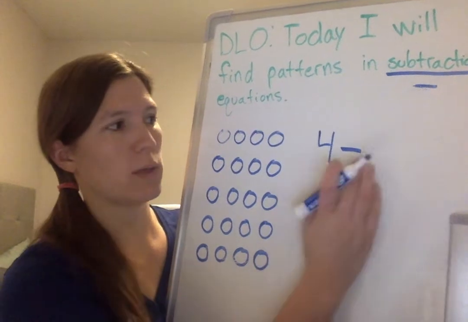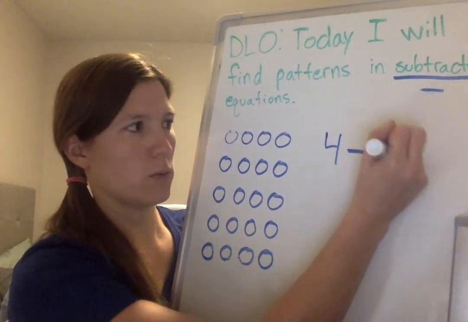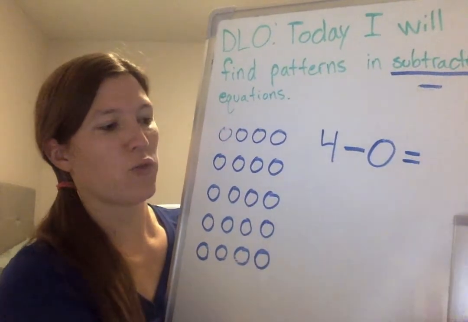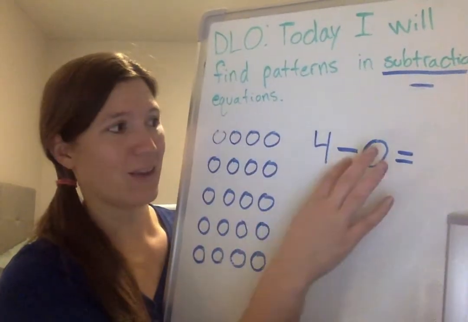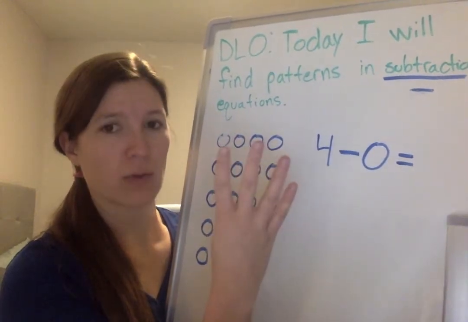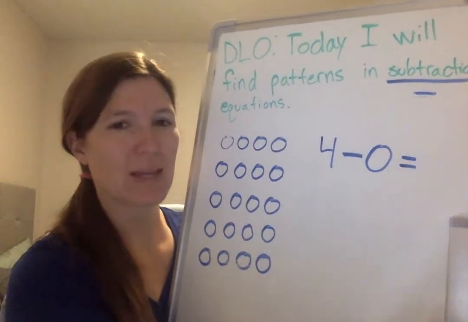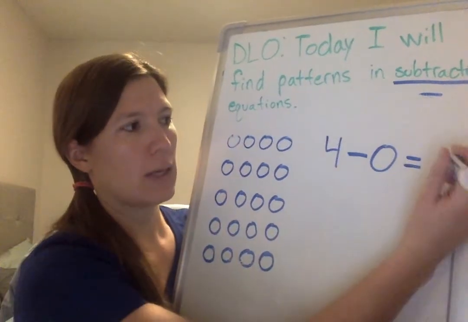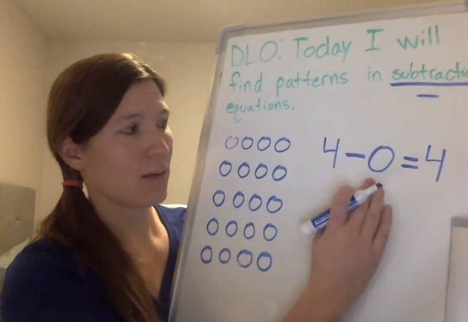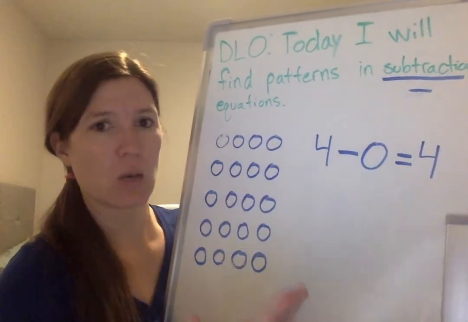We're going to start with the number 0 equals, if I have 4 and I take nothing away, how many do I still have? 4. Don't let that tricky 0 get you. So 4 minus nothing equals 4 because I didn't take any away.